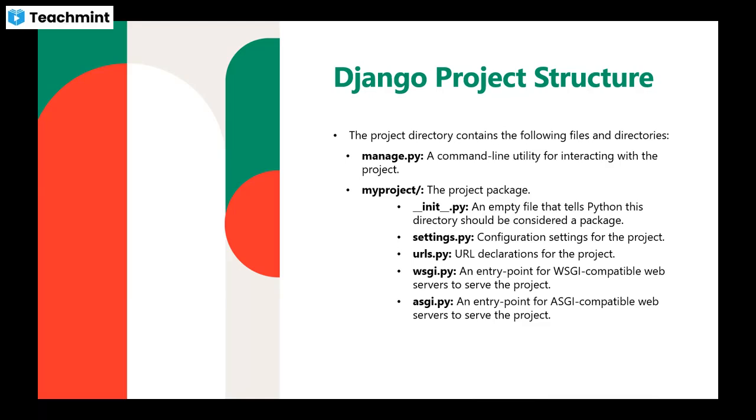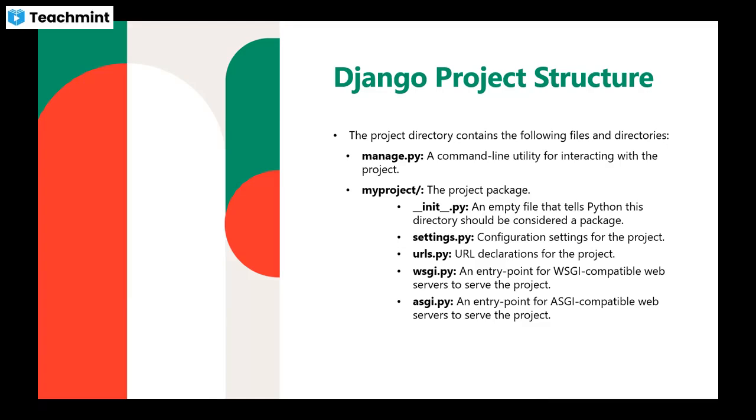We have already discussed in the MVT architecture that once we request a URL, the respective view will be called. Those mappings, for what URL what should be mapped, will be handled in this urls.py file.